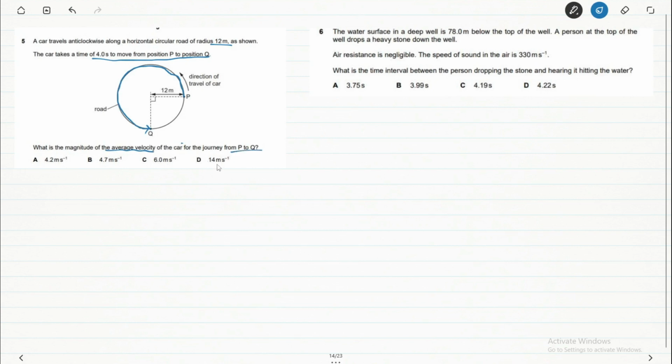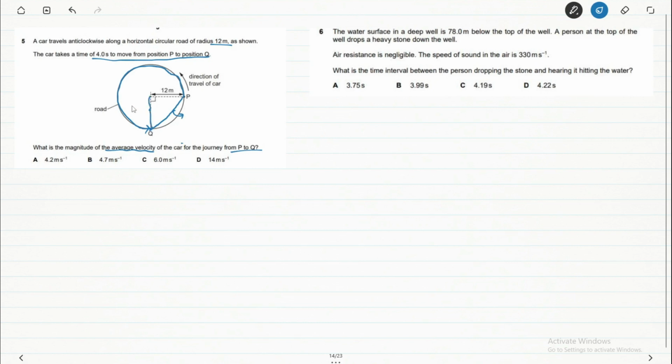Now, a common mistake here is that people try to calculate the circumference and then find the velocity. That is okay if you're finding the speed, but right now we're finding the velocity. So the displacement that we have to put in the formula is this, right? This is the hypotenuse of this right angle triangle.